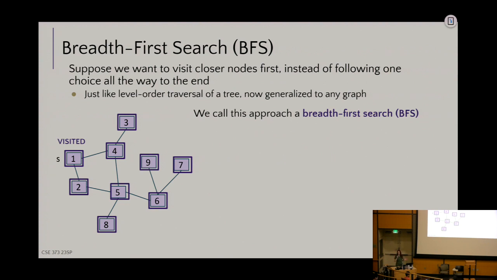Question? So if you're starting at 1, is there a particular order between which it processes first between 2 and 4? Great question. So is there an order between 2 and 4? Right now, by definition of the algorithm, no. If I were to ask you to perform this algorithm on your exercise, and I need a deterministic order so I can grade it, I will give you something like visit the neighbors in sorted order.